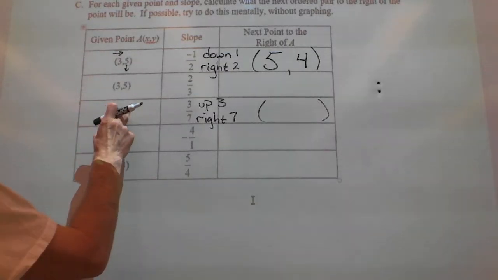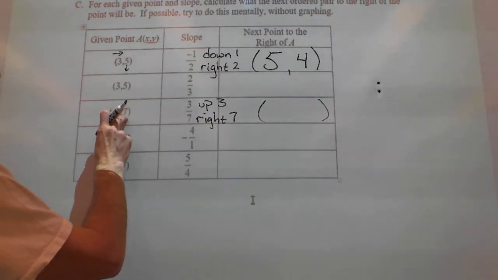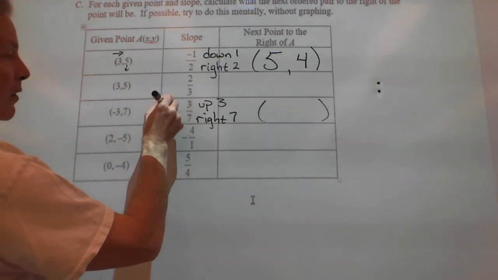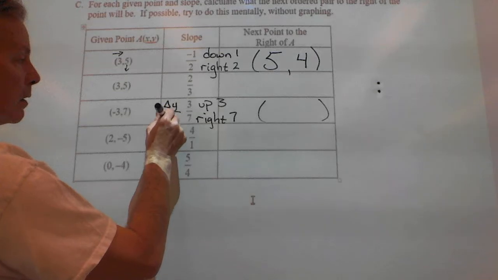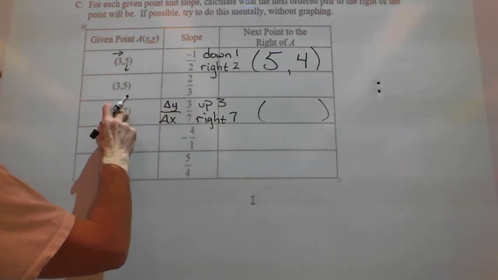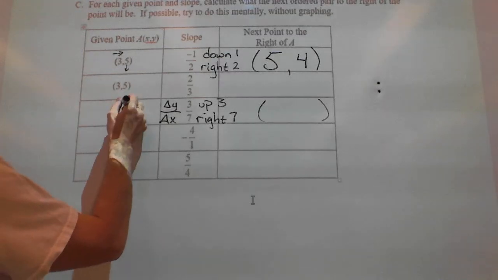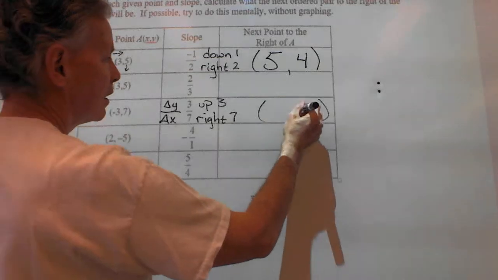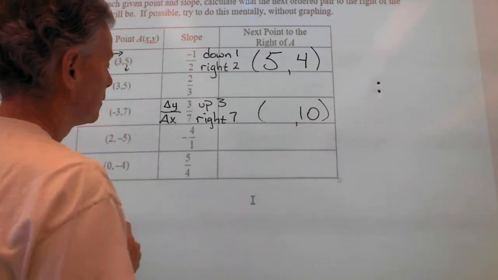Okay? This is our rise number, our y number, right? So, since the top number in our slope refers to y, this is the one that's going to go up 3. We're going to go from 7 to 8 to 9 to 10, giving us a new y value of 10.